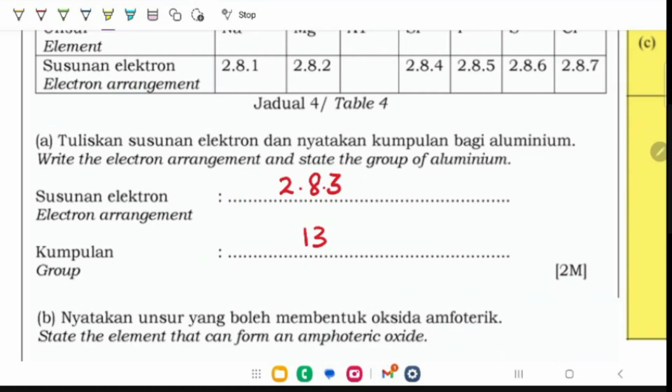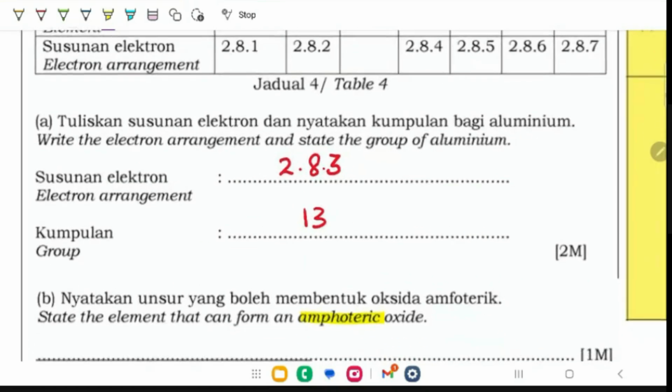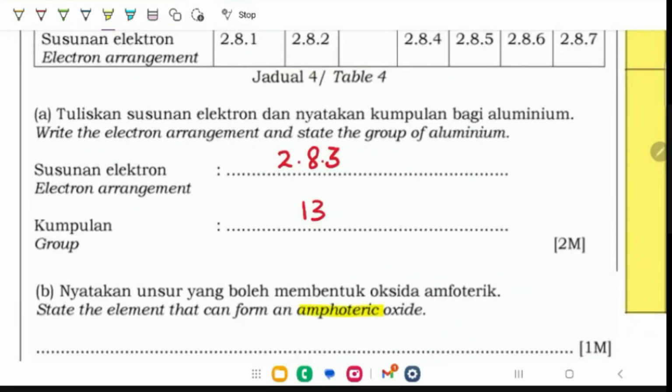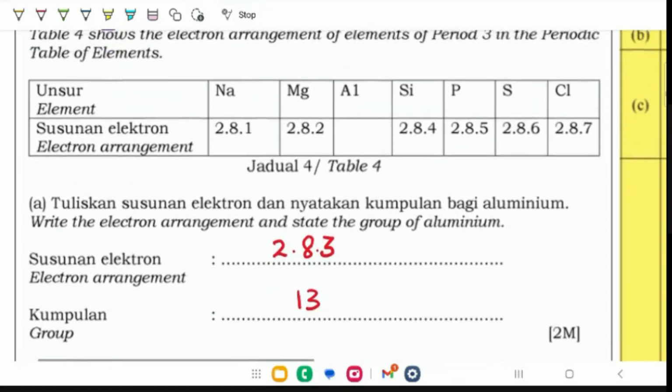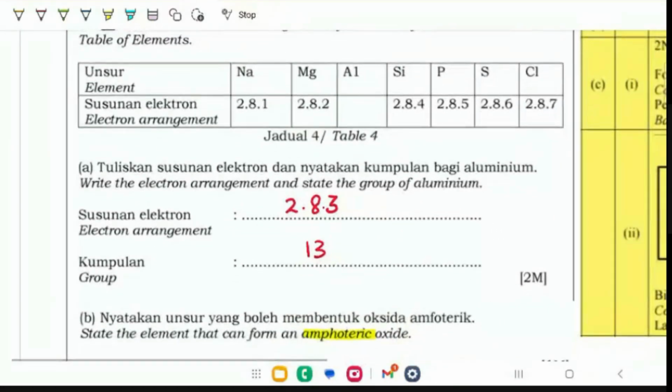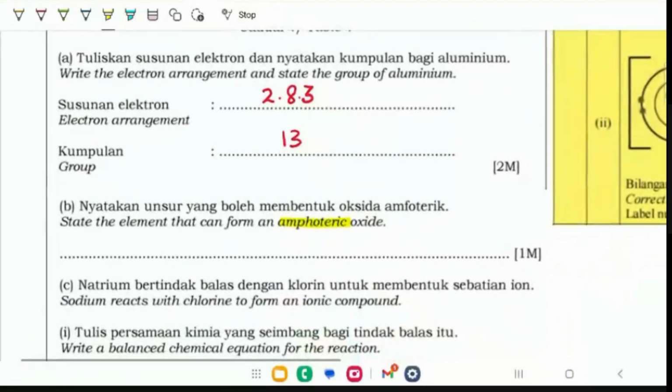It reacts with both acid and alkaline. It can show both acidic and basic properties. So which one has an amphoteric oxide? Aluminium.